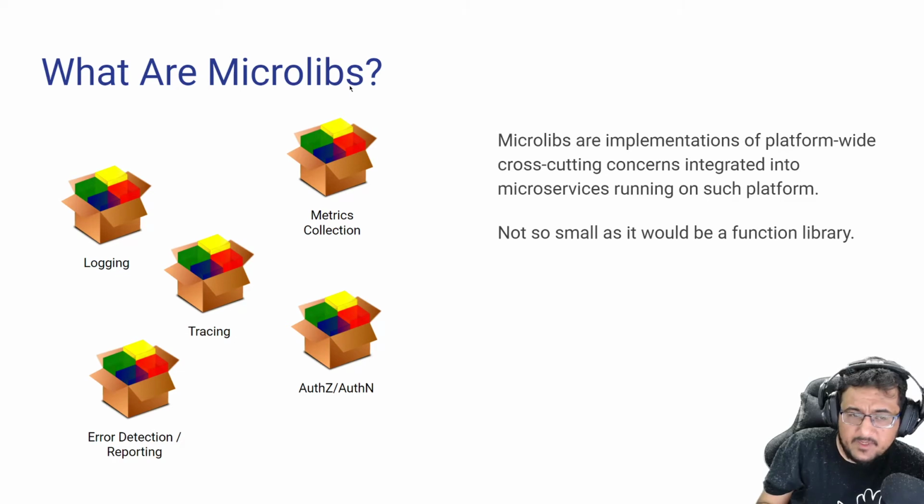Some people will implement logging with one library, and metrics collection, and they also try to create infrastructure around it. Error reporting and all that stuff, they tend to implement it, but you want to keep them consistent so that you can have the same tooling implemented across all your services.